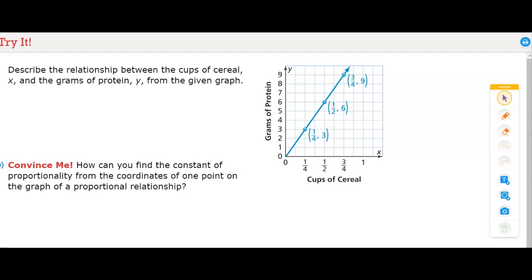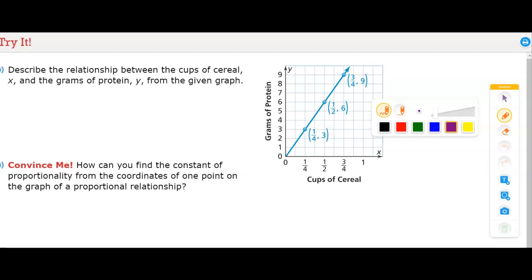Describe the relationship between the cups of cereal, x, and the grams of protein, y, from the given graph. So they are asking for us to describe this. I'm going to point out a few things.